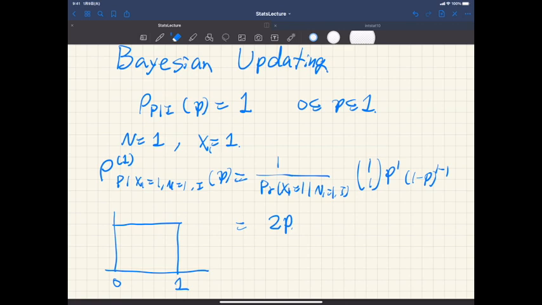Once we toss a coin once and obtain a head, our posterior distribution is 2p, where this is p and this is the density.